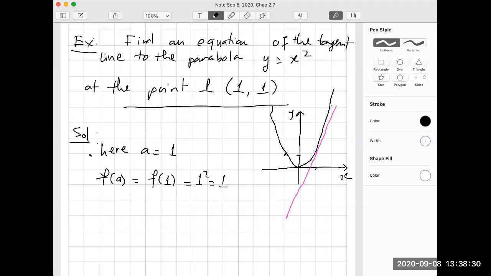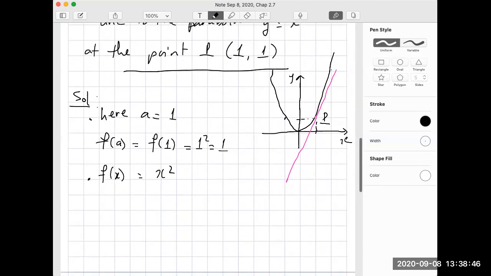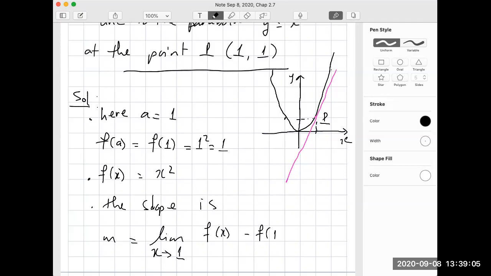This is 1, right? So our P is right here. And the function f of x is given in this form. So the slope m is equal to the limit when x approaches 1 of f of x minus f of 1 divided by x minus 1.